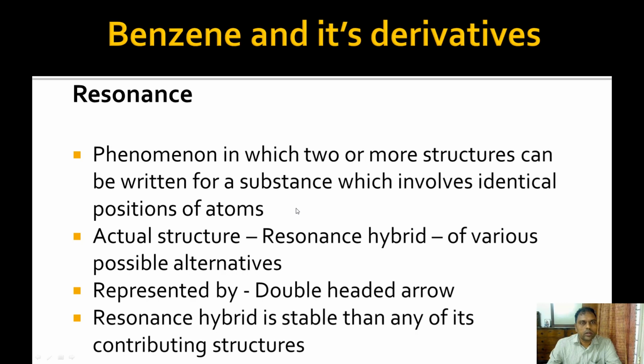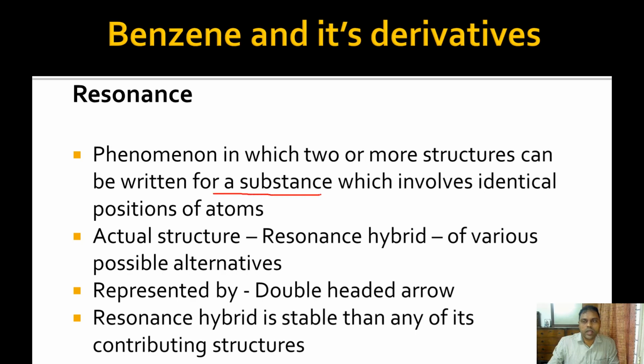Right. Now, in today's class, let's study resonance and what resonance is, and let's also study the molecular orbital picture of benzene. Resonance is a phenomenon in which 2 or more structures can be written for a substance.